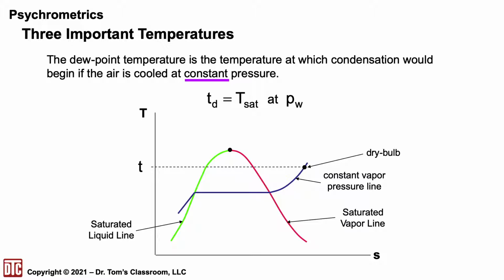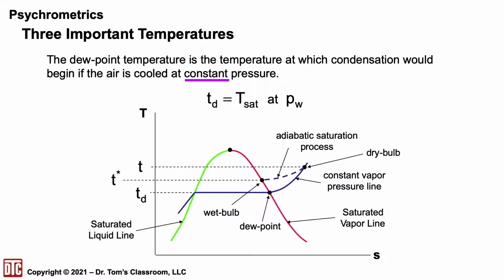It's actually in the superheated region, so we're not completely saturated. Then we can draw an adiabatic saturation process, the dashed line. When we finally saturate the air completely, we intersect with the red saturated vapor line, and that temperature is called the wet bulb temperature, or T star.